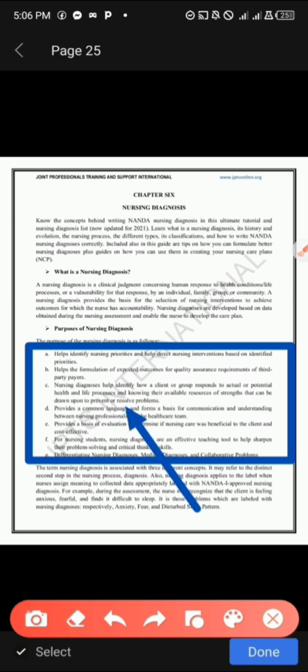Nursing diagnosis helps to identify how clients or groups respond to actual or potential health and life processes, and to know their valuable responses, the strengths that can be drawn upon to prevent or resolve problems.